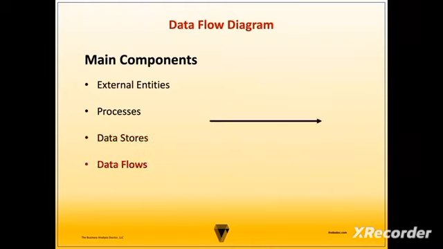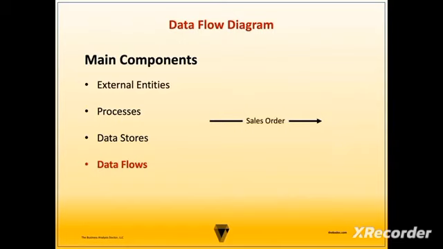Now let's look at data flows. A data flow is the representation of data or information moving between external entities, processes, and data stores. Data flows will either be an input, an output, or both. Data flows are always labeled as nouns.